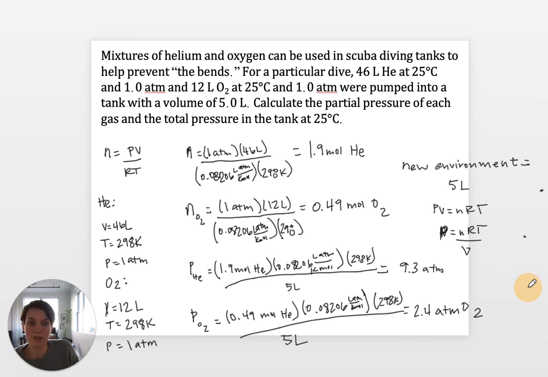The total pressure of our chamber is going to be the sum of those, because they're all in the same environment. So P total is going to be equal to 9.3 atmospheres plus 2.4 atmospheres, giving us a total of 11.7.